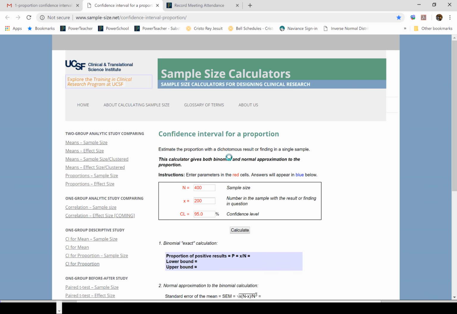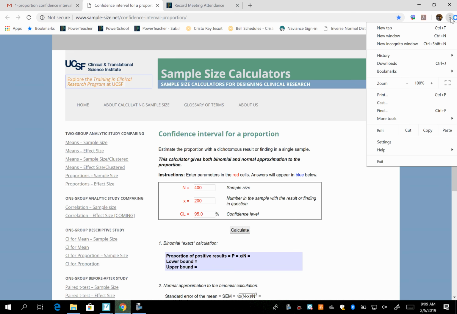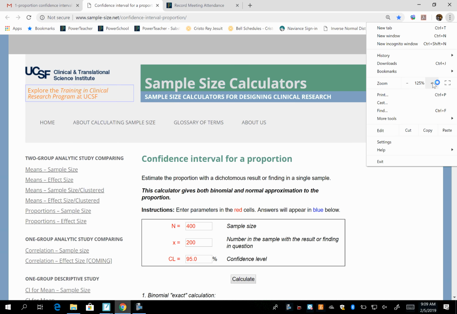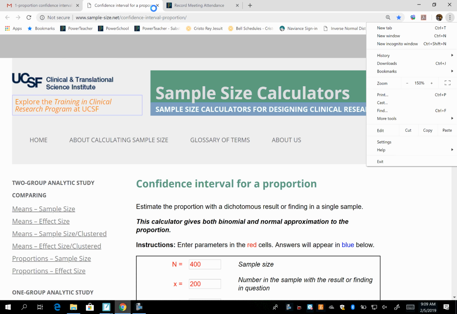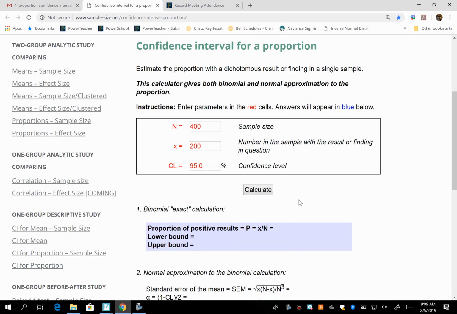I'm going to make it a little bit larger so you can see. Can you guys see this? Did it open for you guys? No one's speaking. Did it open for anyone?